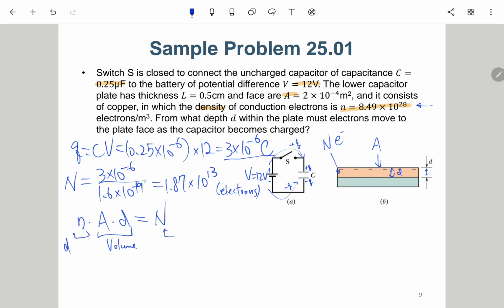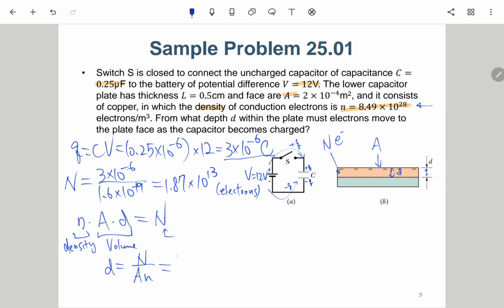And then this is the density. So the density times the volume will become the total number of electrons. Okay, so this is easy to understand. So in that case, we have D equals capital N over A times small n.